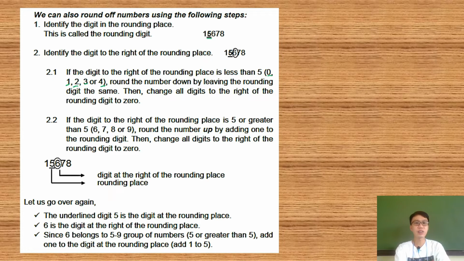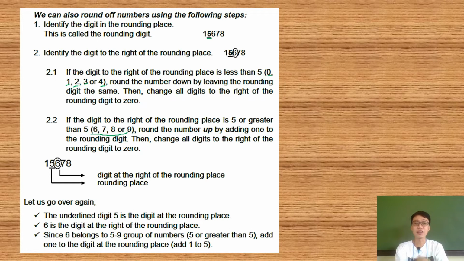If the digit to the right of the rounding place is 5 or greater than 5, 6, 7, 8, or 9, round the number up by adding 1 to the rounding digit. Then change all digits to the right of the rounding digit to 0.